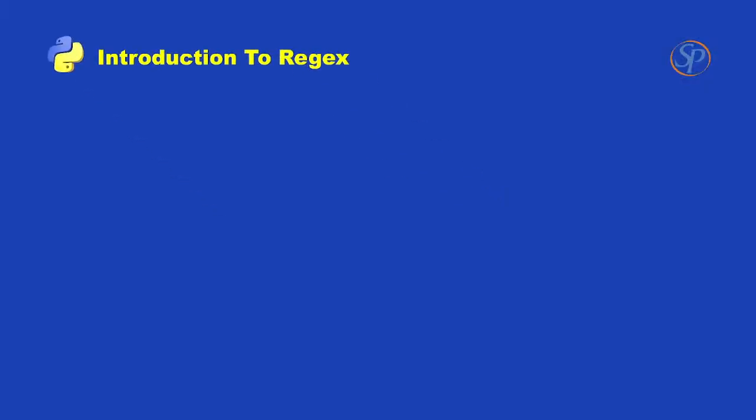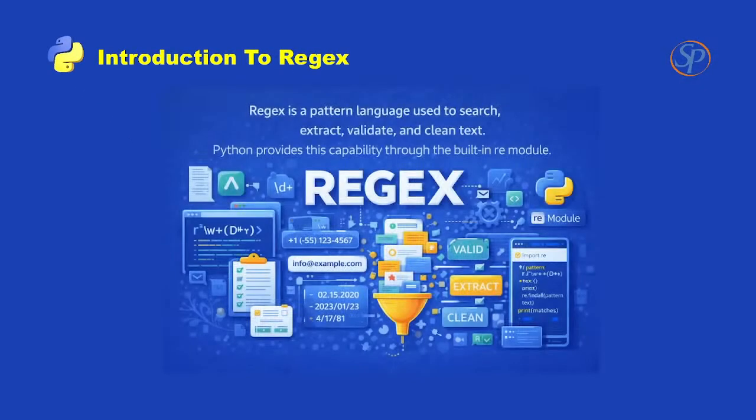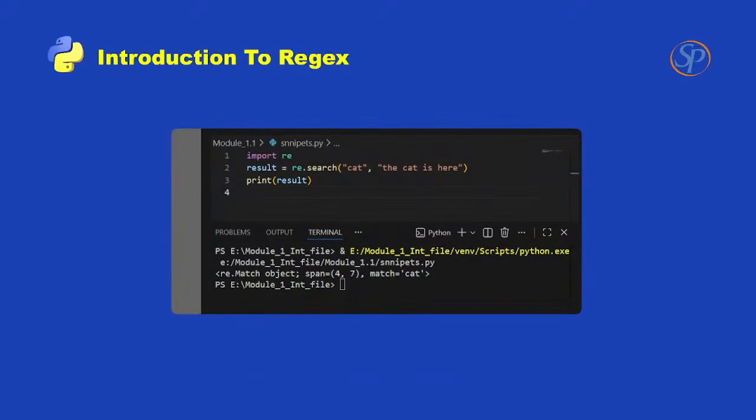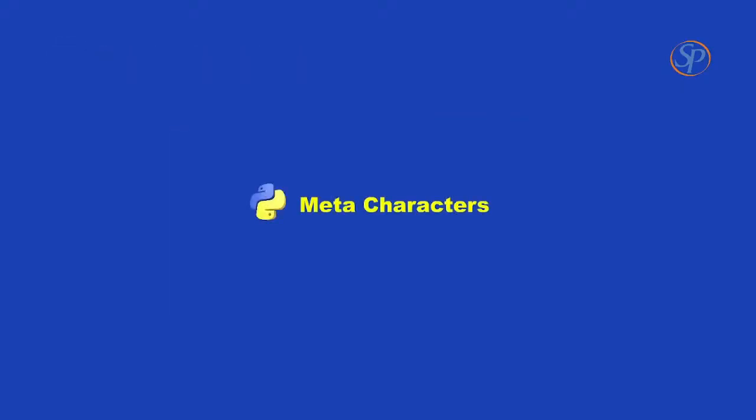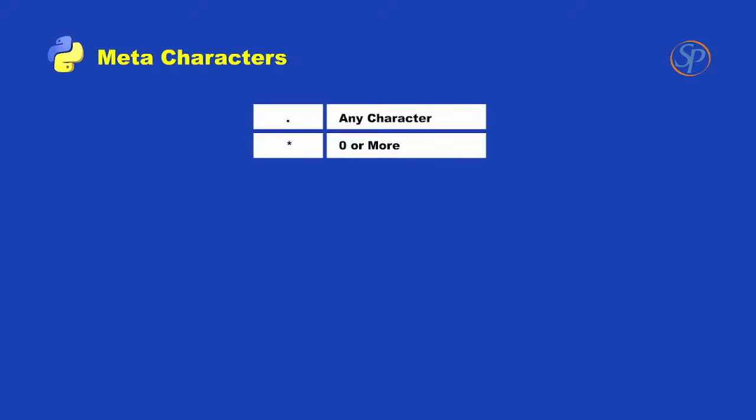Introduction to regex. Regex is a pattern language used to search, extract, validate, and clean text. Python provides this capability through the built-in re module. Import re, literally matching re.search for the cat is here. Metacharacters that help regex: dot, any character. Asterisk, 0 or more. Plus, 1 or more.